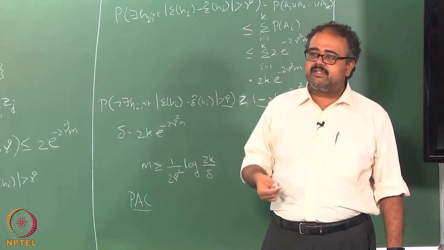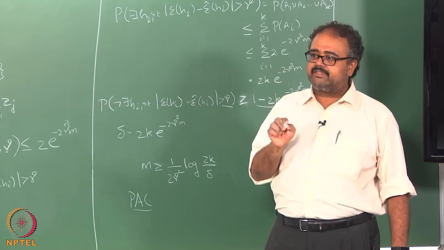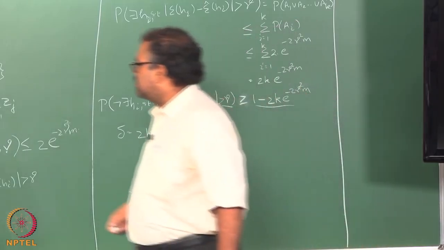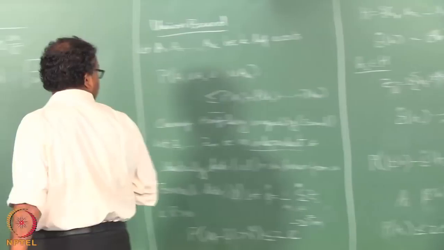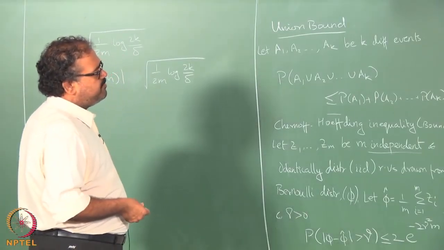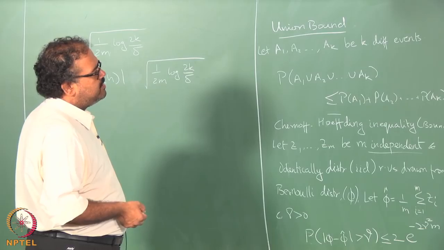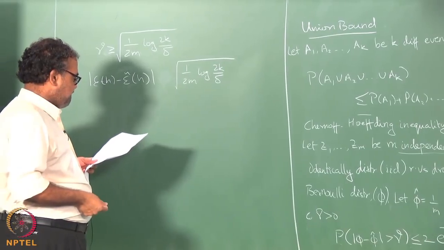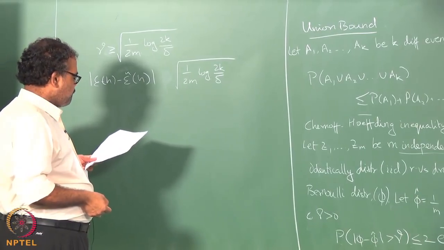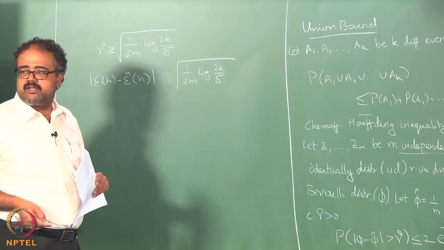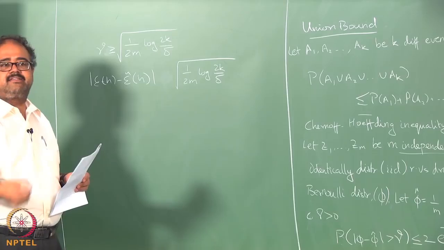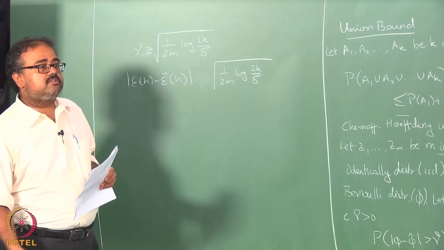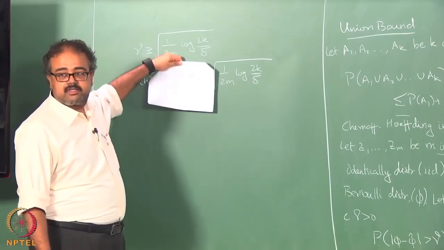I will get at least 1 minus delta: if M is equal I will get exactly 1 minus delta, but if M is greater than or equal I will get something greater than 1 minus delta. Using the same argument, my gamma should be greater than or equal to this.